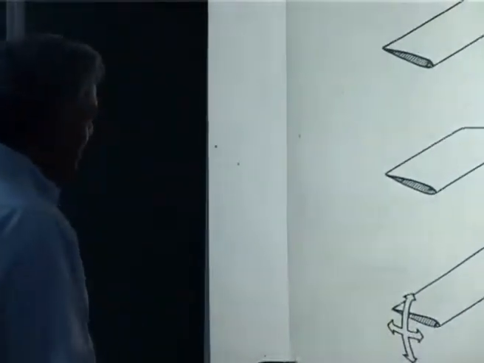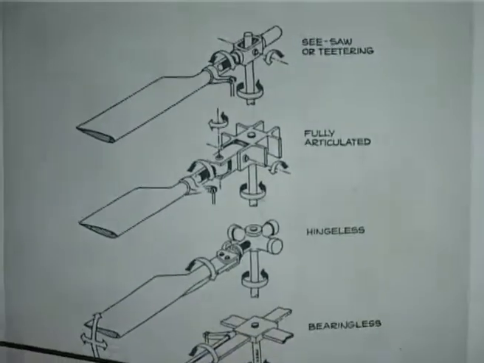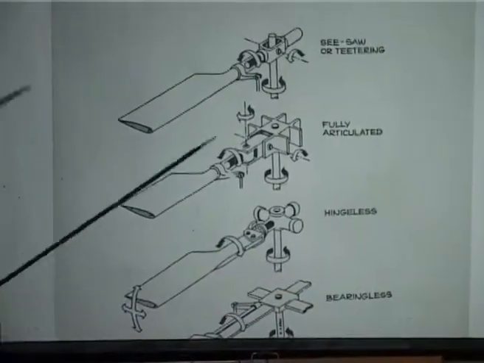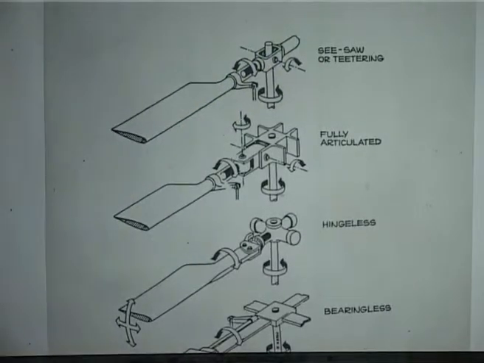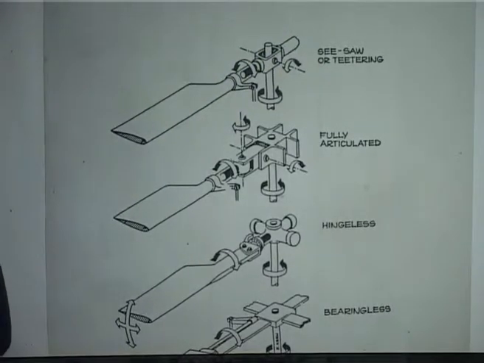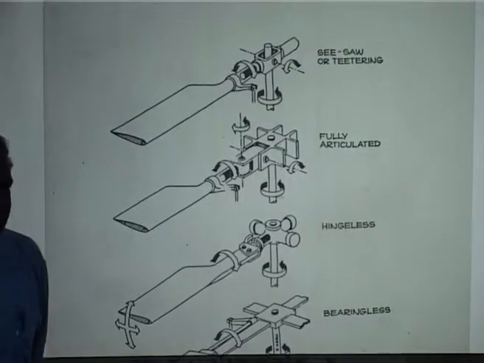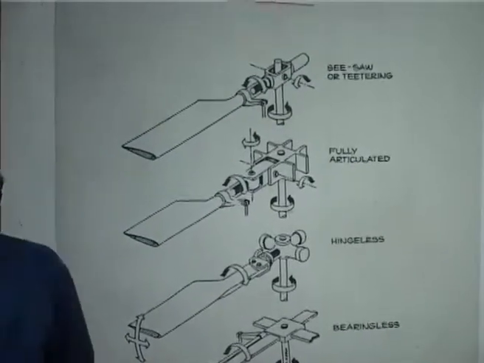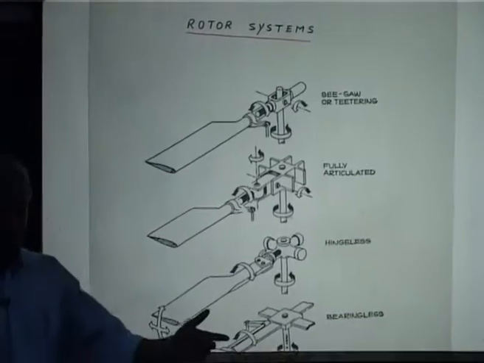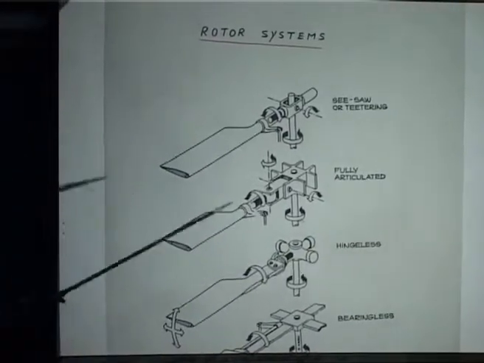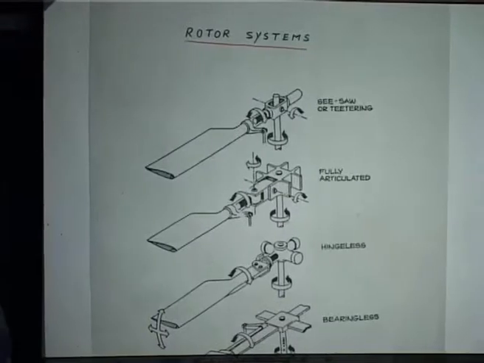So, now you know what you require. This is called a seesaw or teetering rotor. This is always for a 2-bladed rotor system. But tomorrow what we are going to see, which is a 2-bladed helicopter model, is not this system. Okay. That is a little different.